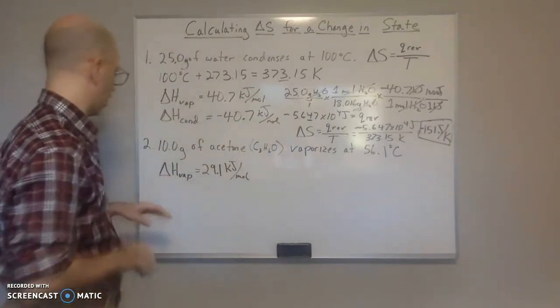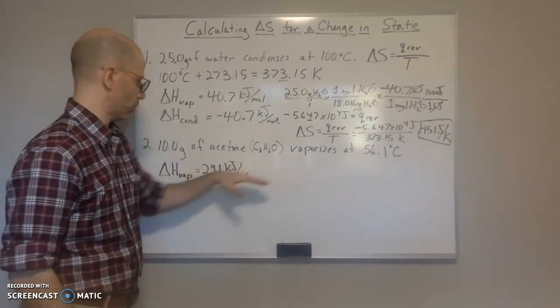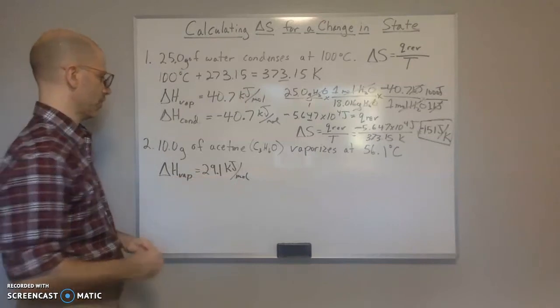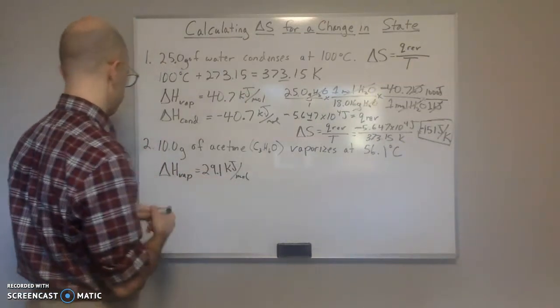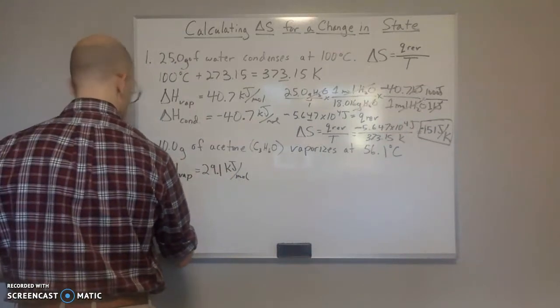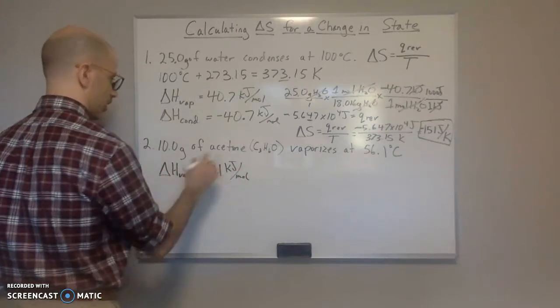We're vaporizing, so we don't need to change this to the heat of condensation. So now we can use the grams to convert to joules of heat.